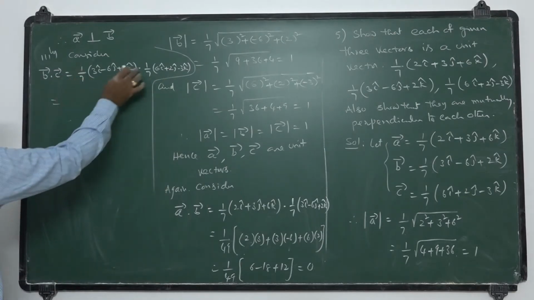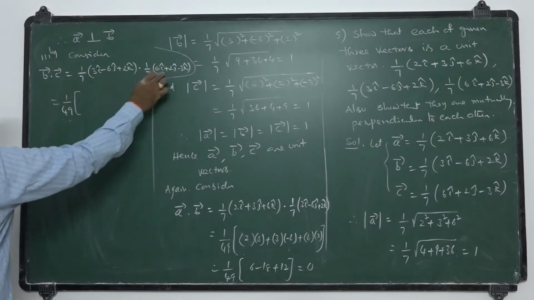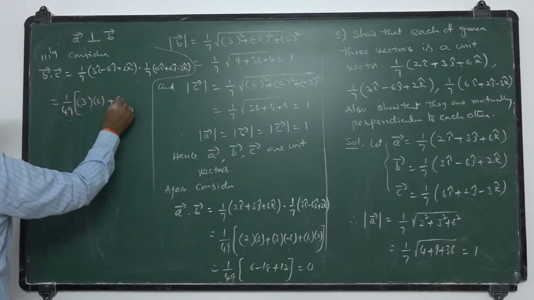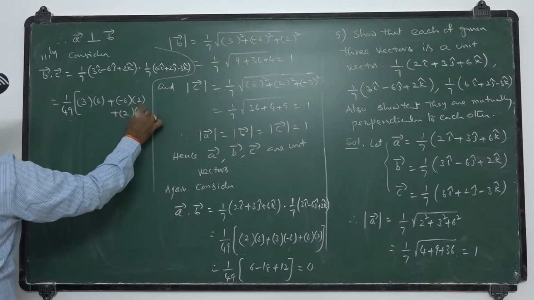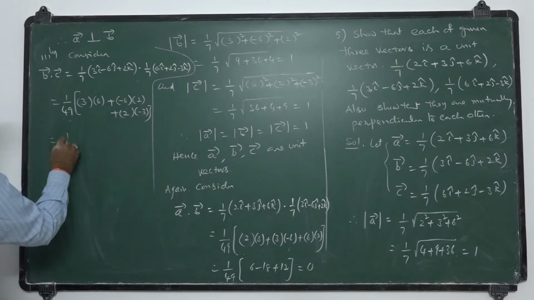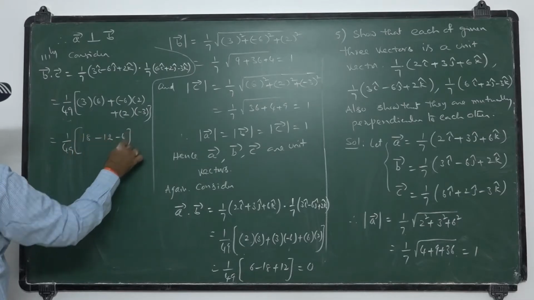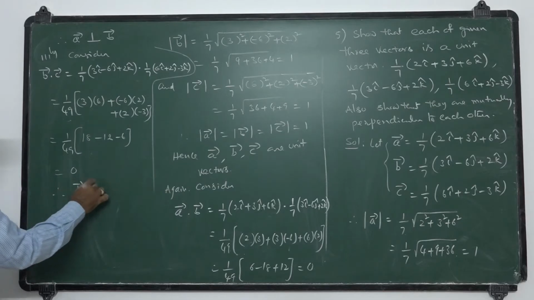So here also 1 by 7 into 1 by 7, 1 by 49, into taking the dot product of these two, 3 into 6 plus minus 6 into 2, plus 2 into minus 3. That is 1 by 49 into 18 minus 12 minus 6, which is clearly 0. Therefore, B bar is perpendicular to C bar.